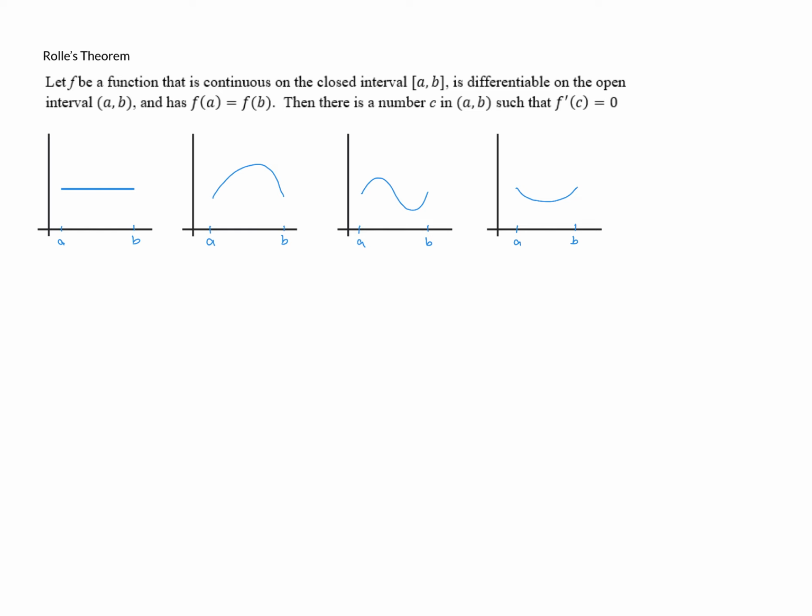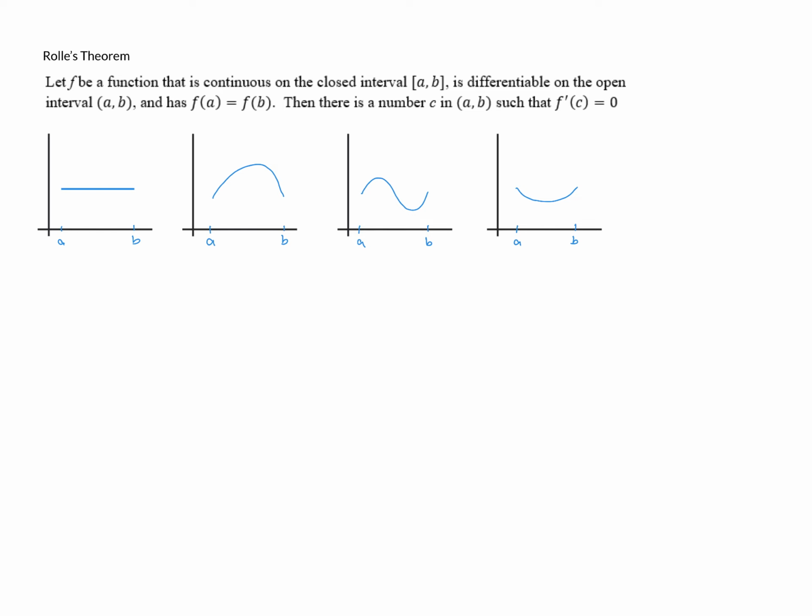Okay, so here are 4 very rough sketches of graphs of functions, and each of them is continuous on the closed interval from a to b. They're differentiable on the open interval from a to b.